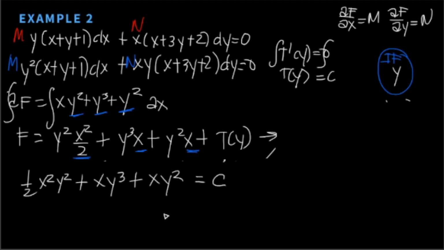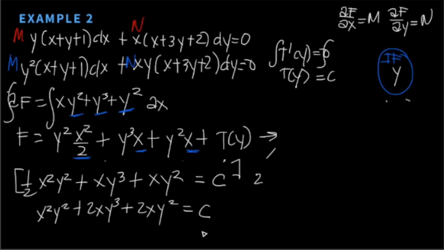So, equal to c. So, multiply natin both sides by 2 kasi over 2 yung sagot natin dyan. So, magiging x squared y squared plus 2xy cubed plus 2xy squared is equal to c.